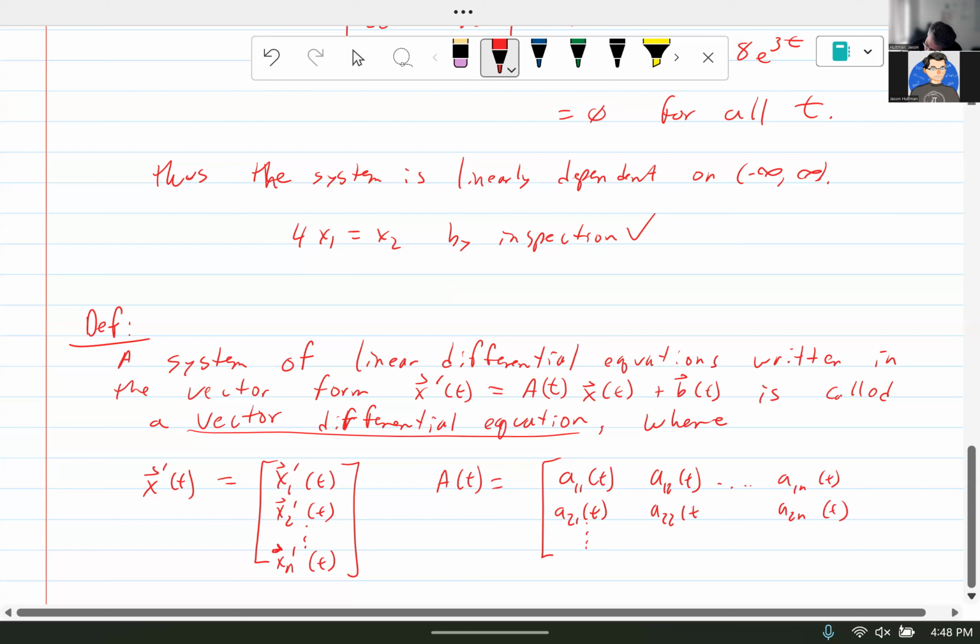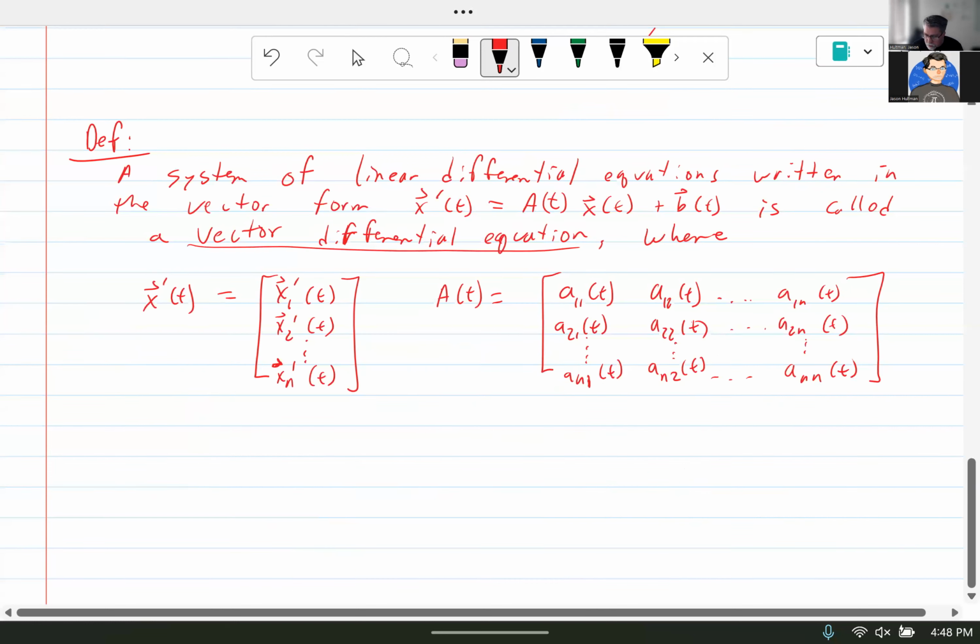This goes all the way down to an1 of t, an2 of t, and dot, dot, dot, until we get to ann of t.